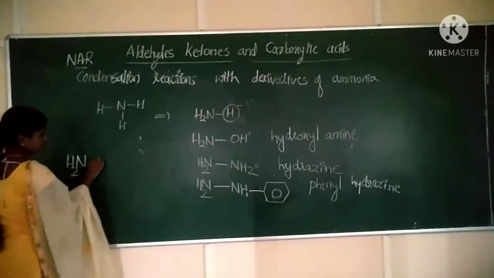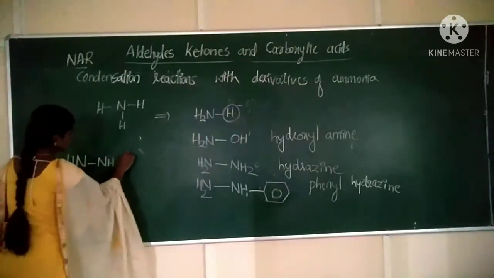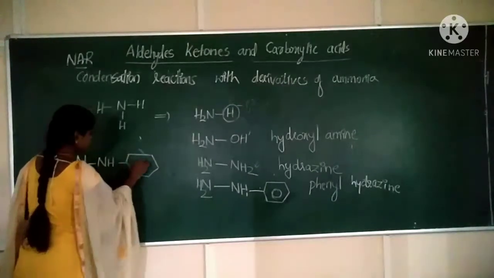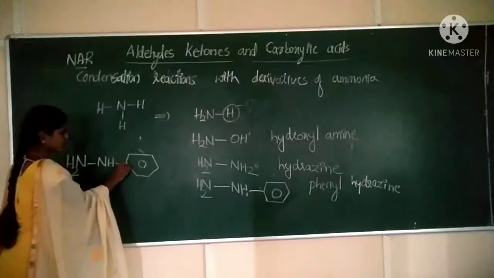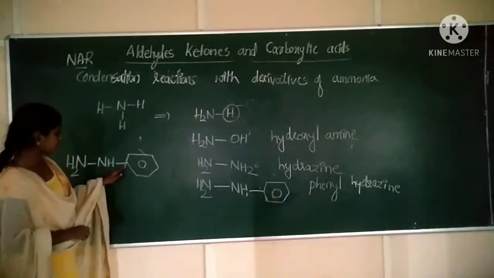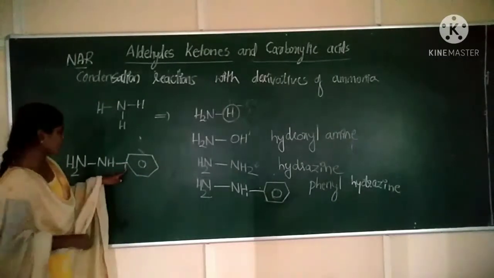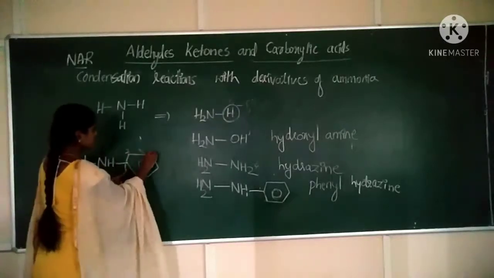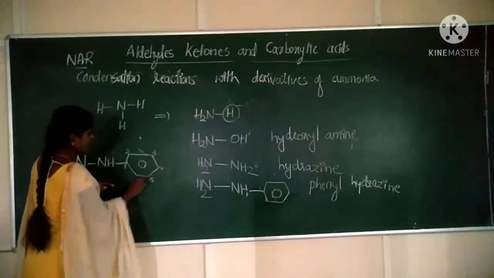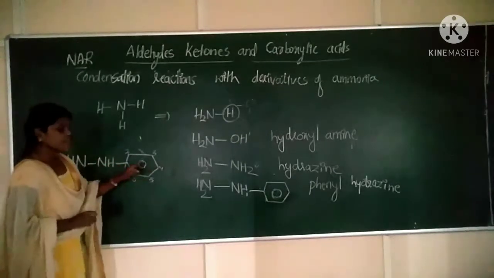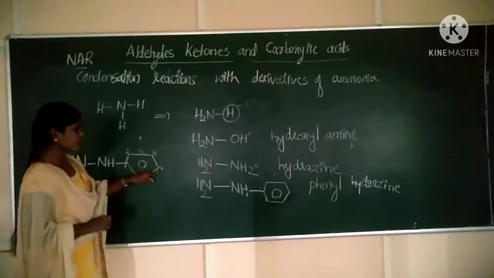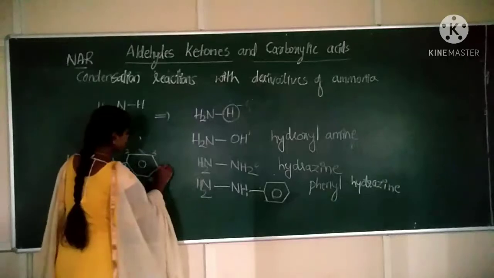Next, NH2 same, NH same, phenyl ring is also the same. So this position is said to be number 1. This carbon is 1, this one 2, 3, 4, 5, 6. Now if I have substituents at the second and fourth positions, what are those substituents?